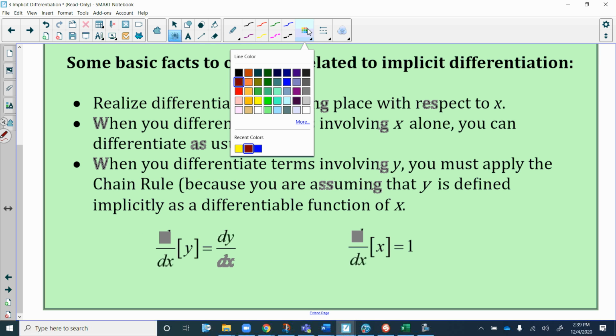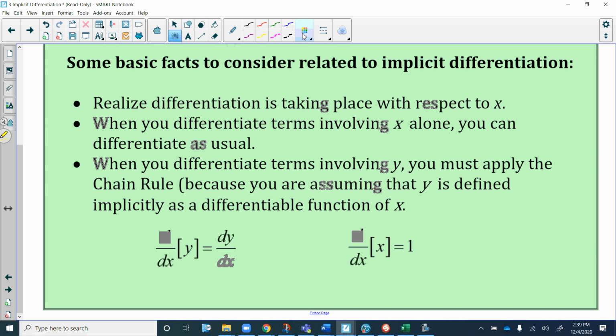And that's kind of what we're seeing here. We are taking the derivative of something, in this case the derivative of y, with respect to x. And that's what we're seeing kind of down here. The derivative of y with respect to x is often just written as this thing right here, dy dx, or dy over dx. We just call it dy dx.